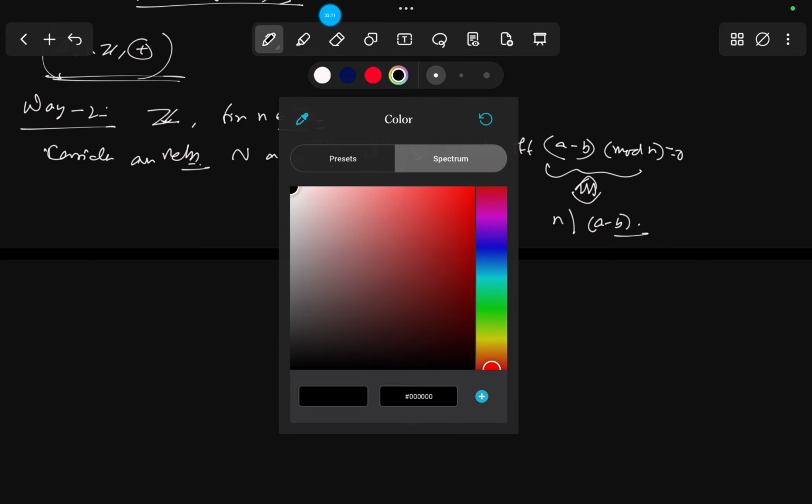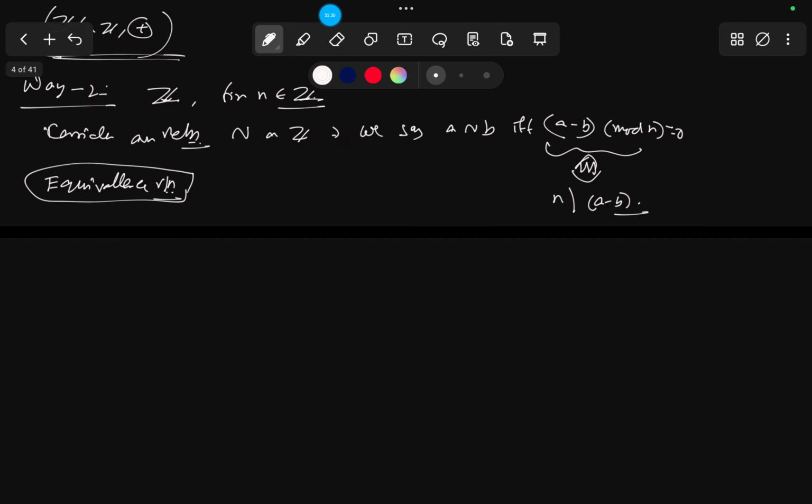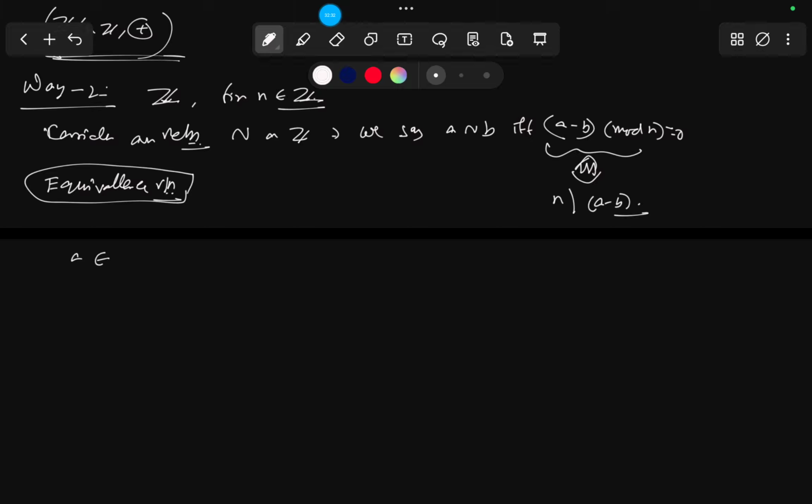Now this relation will always be an equivalence relation. You can check that if you take a belongs to Z, then of course it is related to a because a minus a is 0 and n divides 0, so it is reflexive.